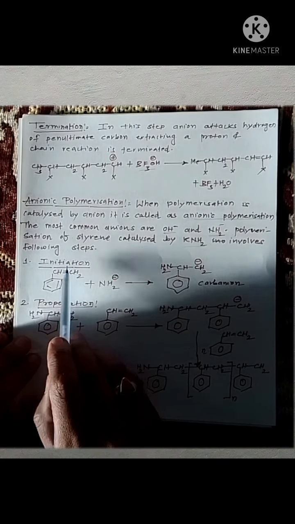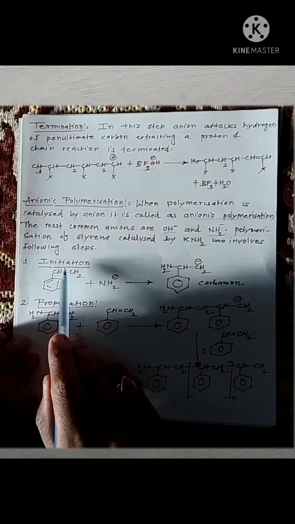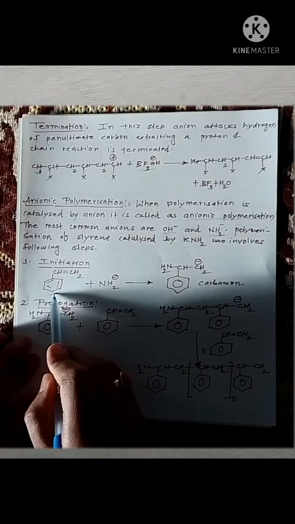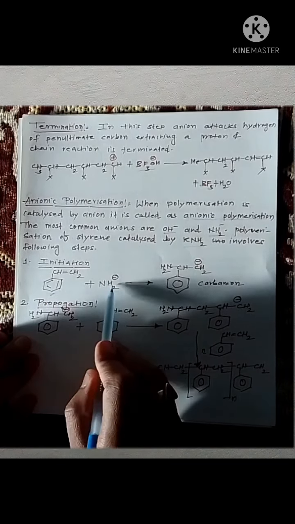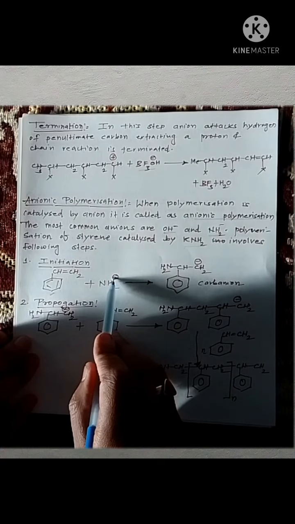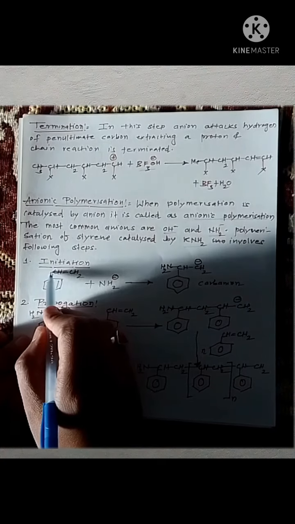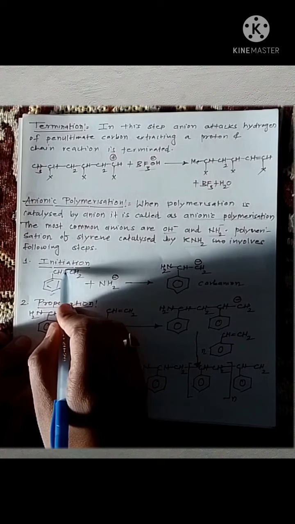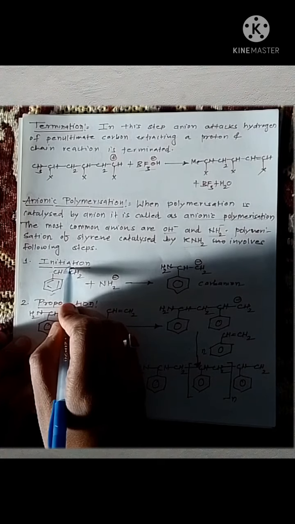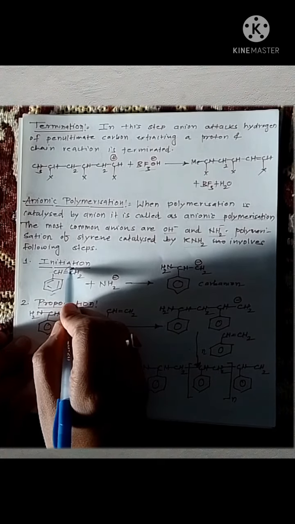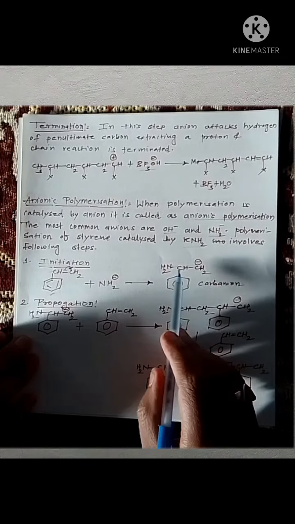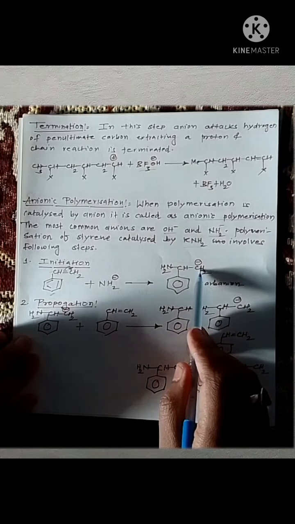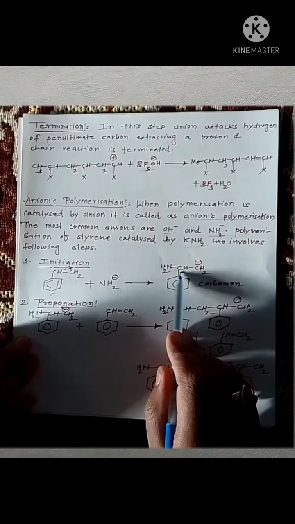So just see here, in our initiation step, this is the molecule of styrene. When it is attacked by NH2 minus, this NH2 attacks this carbon atom and forms a bond here, and because of that the double bond shifts onto this carbon atom. So you get this carbanion, that is NH2CH2CH, with the benzene ring attached to this carbon atom.